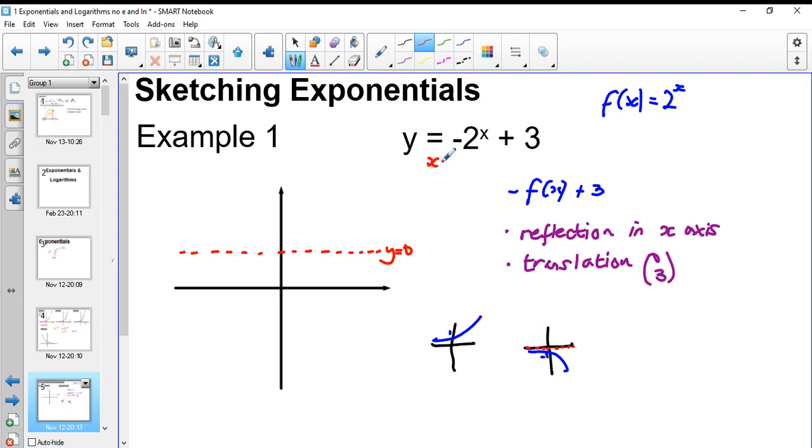Alternatively, if you say x equals 0, minus 2 to the 0, or 2 to the 0 is 1, so minus 1 plus 3 is going to be 2. I've just realised I put 0 there rather than 3. So it's going to go through 2. So then we draw it in. So it's upside down. It's converging to y equals 3. And it's going to look like that.